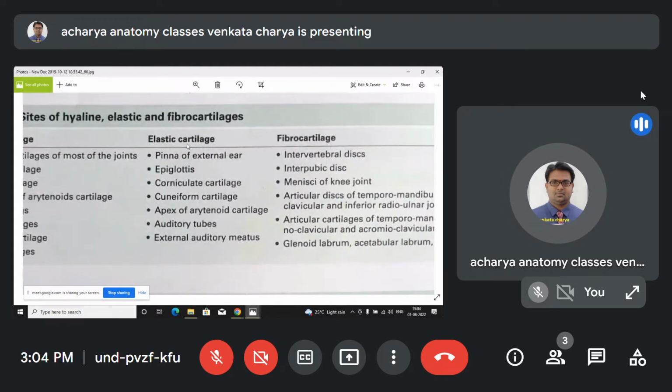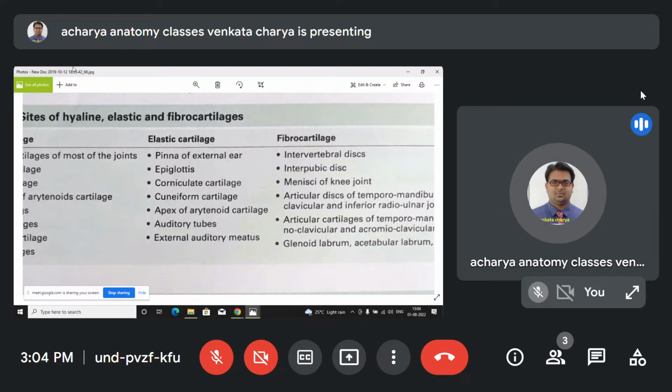And elastic cartilage: the epiglottis is elastic cartilage, the 2 corniculate cartilages are elastic, and the 2 cuneiform cartilages are also elastic. So 1, 2, 2, makes 5. These 5 cartilages are elastic cartilages.